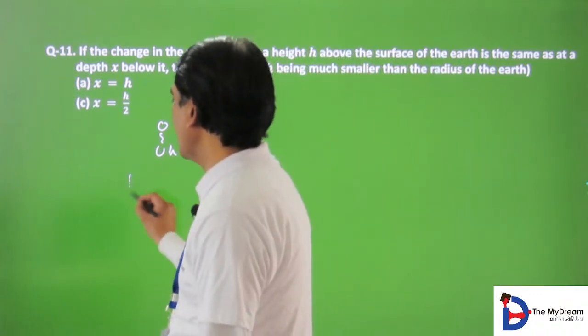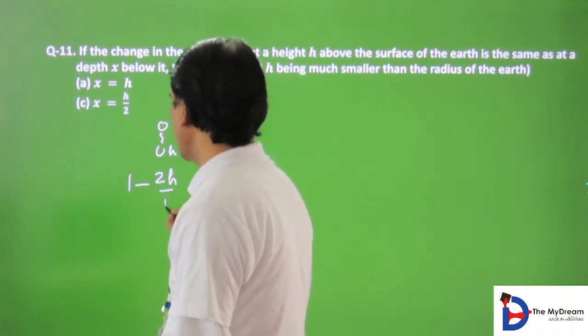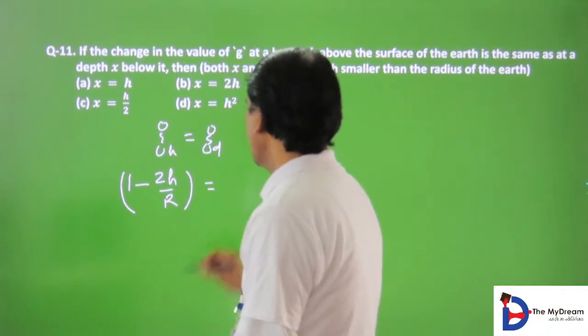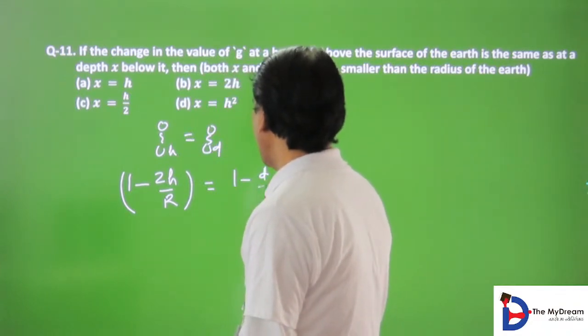For the small change, you can write down 1 minus 2h upon r, this is 1 minus d by r.